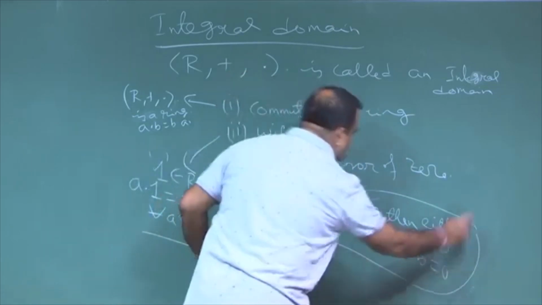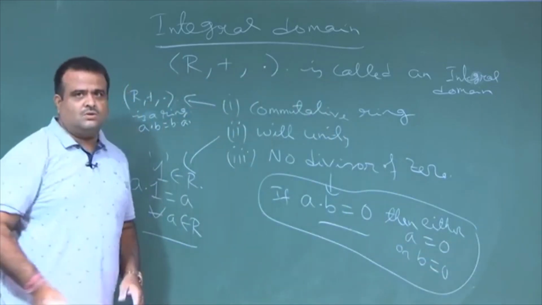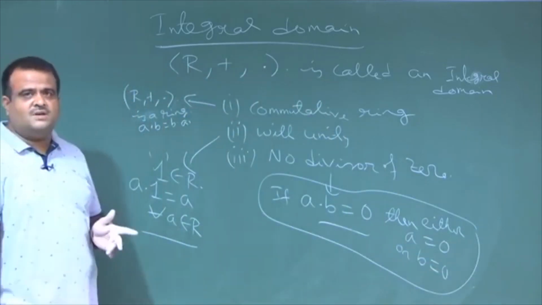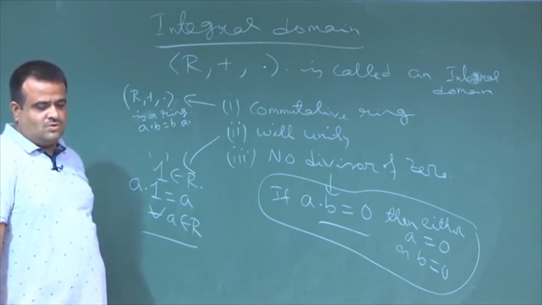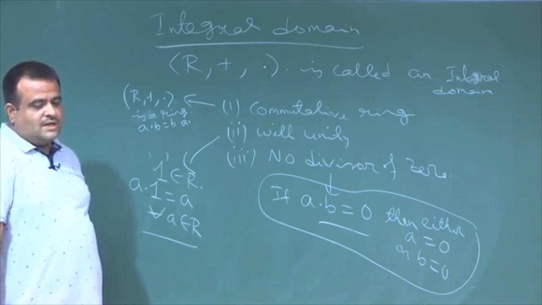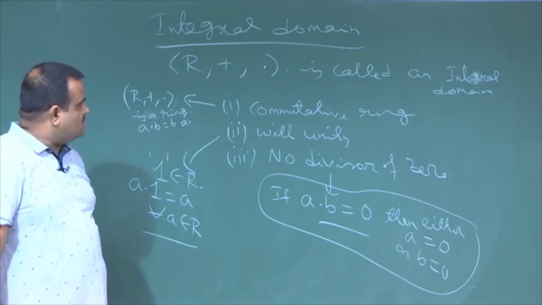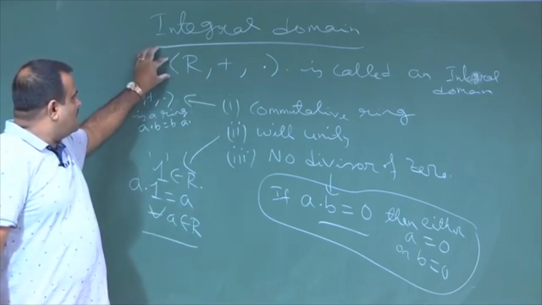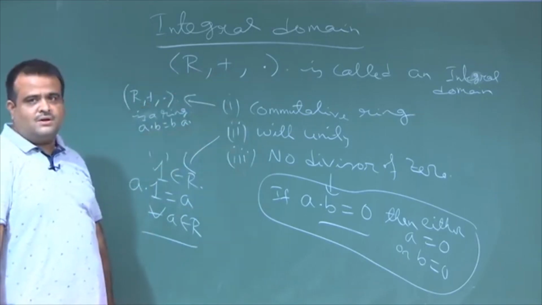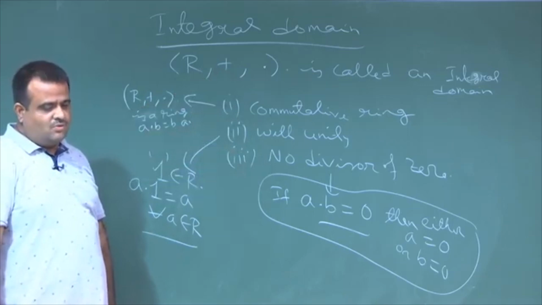This is the meaning of no divisor of 0. So, if AB is becoming 0, then either A or B has to be 0. Okay. So, if this is satisfied, then the algebraic structure R along with these two operators is called an integral domain. Okay.